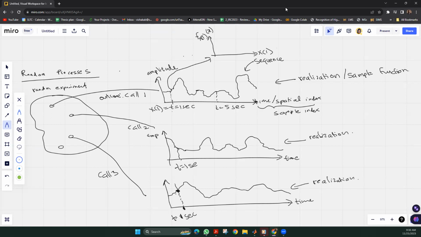For modeling the signal strength that we receive over a call, we normally consider that at each point in time, the amplitudes of the signal vary according to a certain distribution.